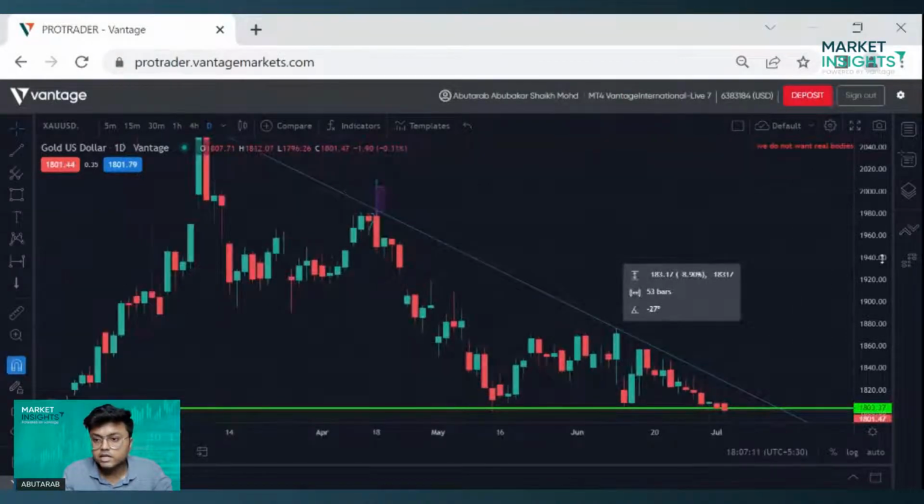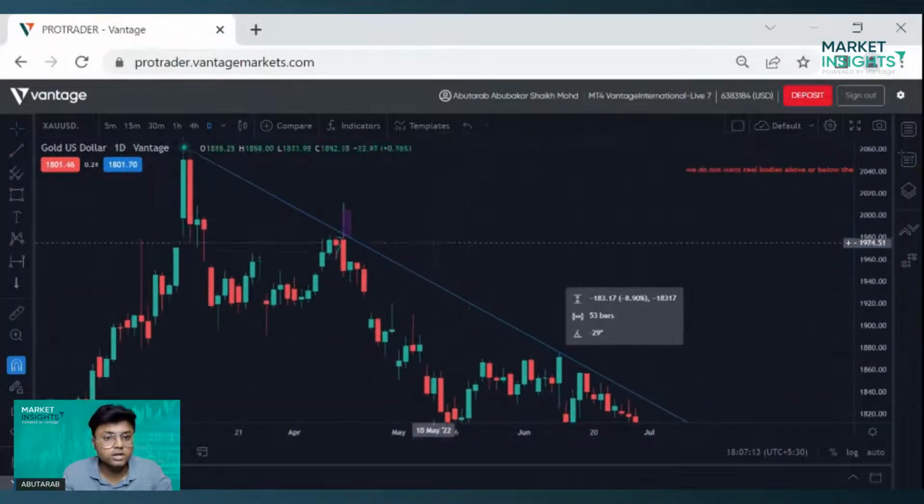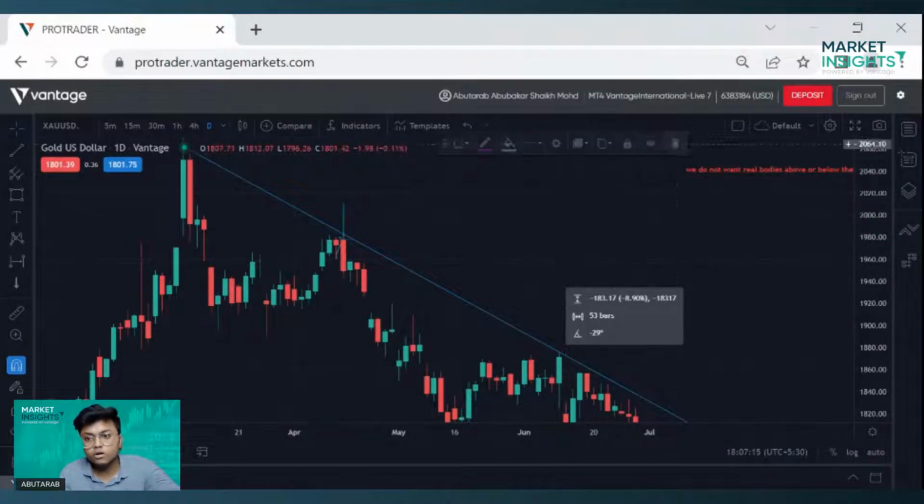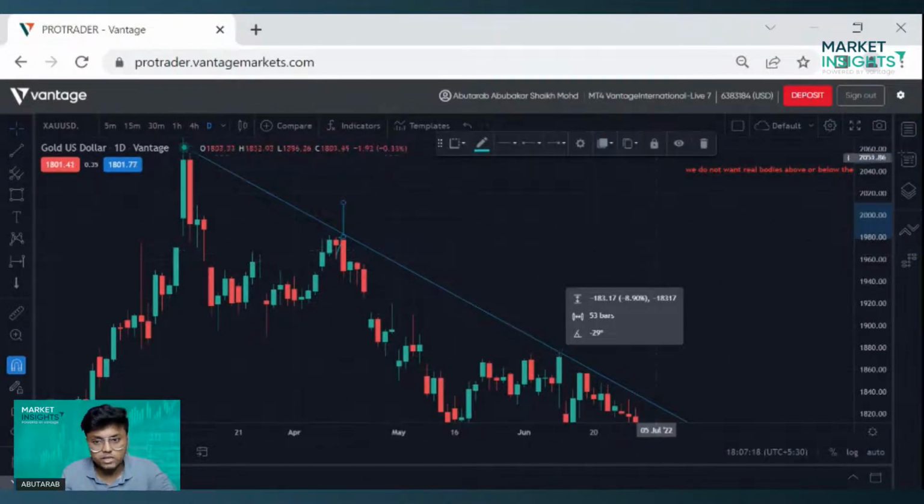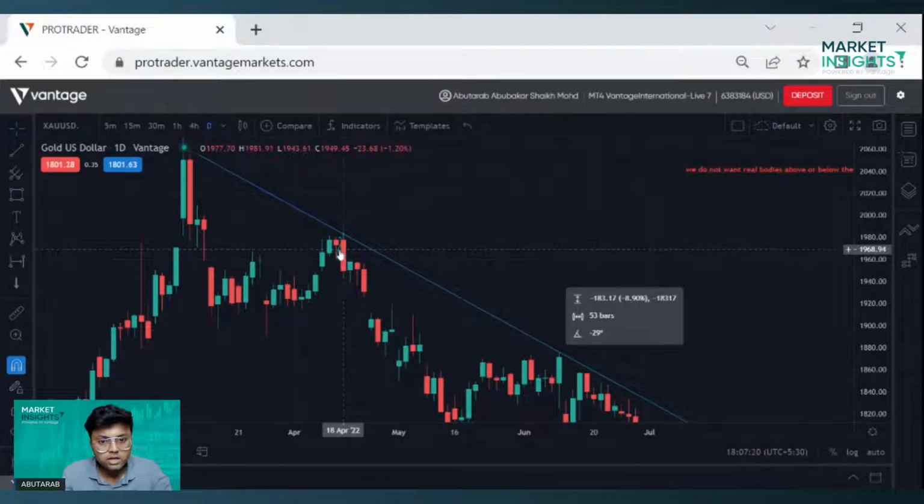Then I would have considered it to be a faulty trend line. This is not a correct trend line. But if the wick is above the trend line, then it's fine, no worries about it. You can consider it to be a correct trend line.